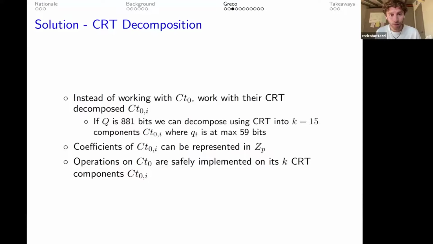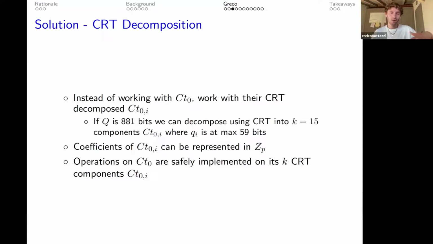And instead of working with CT0, we work with its CRT decomposition. So just to give you an example, if we take the largest Q according to the standard, which might be 881 bits, we can leverage a 15-term decomposition of the ciphertext by setting each QI as 59 bits.